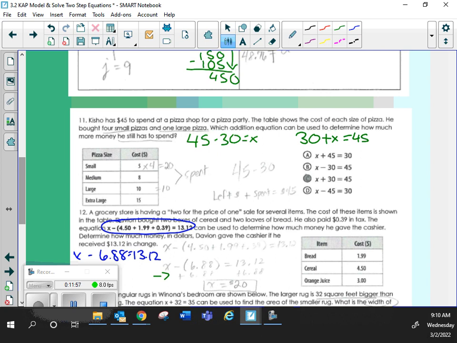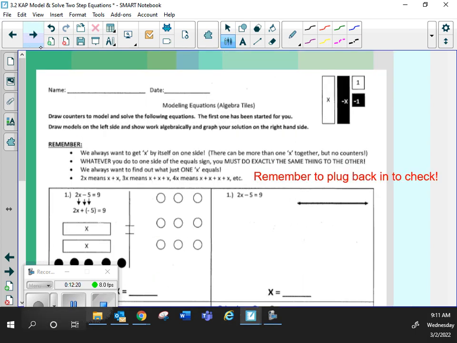You see how it works in this, because it's sort of like solving it: I need to get this on the other side, so I add 30, I add 30. So I have 45 is equal to x plus 30. It seems weird, but the operation's always happening to x. Okay? All right, so we're going to go ahead and hop into today's notes.